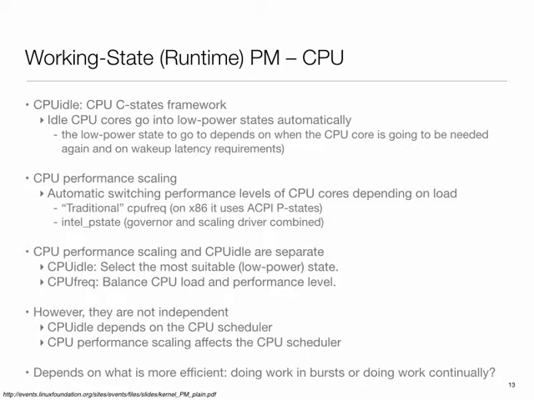So there's one which is called CPU idle, and essentially what it does is it arranges for some subset of the processor cores to go into a low power state. So the idea there is, again, modern CPUs have many cores. Not all of them may be needed by us. So what we can do is put some subset of them into a low power state and use the remaining ones.